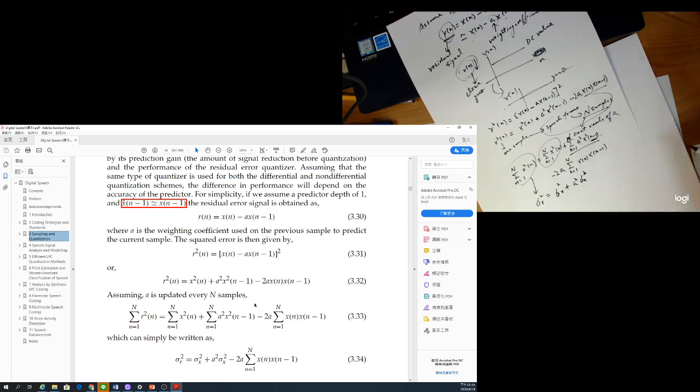We use the same one speech frame. If N is large enough, these two will be close. And then, for the subtraction with A, you get the sum from n equals 1, with S of n minus 1.